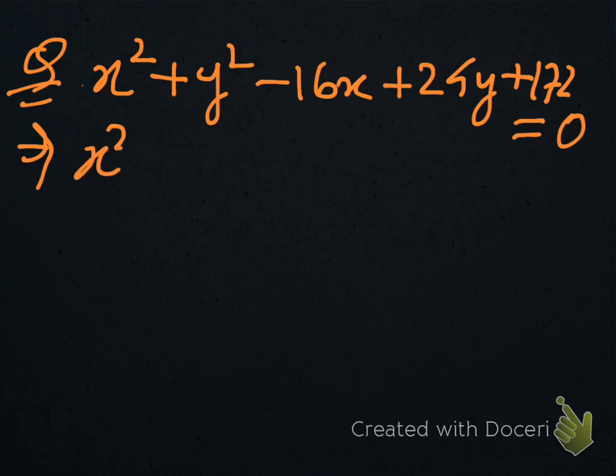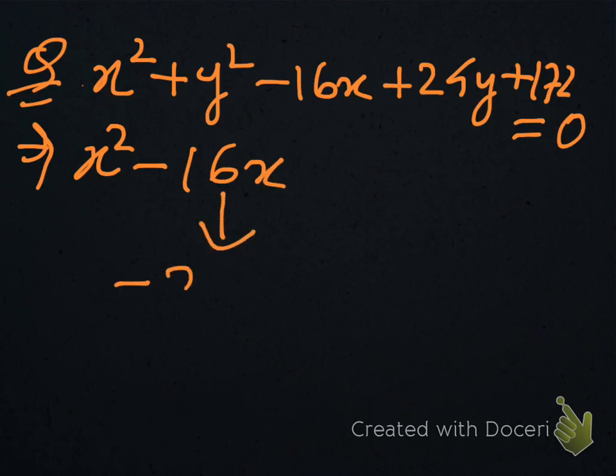So x square would be written as x squared, so I'm just bringing all the x terms together. x squared minus, since it is minus 16x, in place of it I can just write minus 2 into 8 into x. You can give a dot in place of the cross, it would mean the same multiplication.